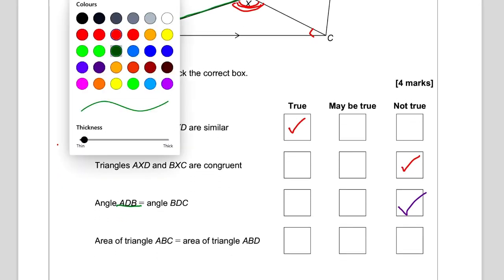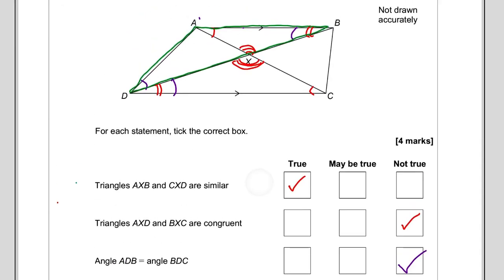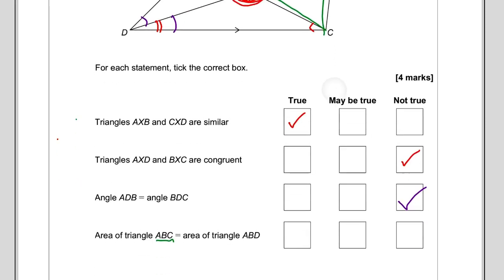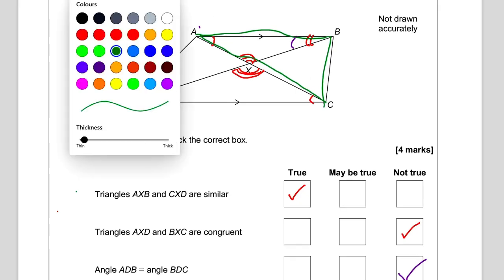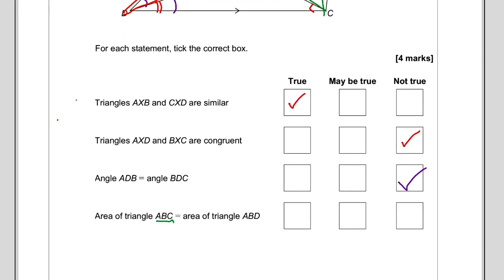Let me underline the right one though. That's that triangle, ABC. ABC, that's that triangle. And triangle ABD, so that is that triangle ABD. Right, now interestingly, they both have the same base length and they both have the same perpendicular height. So those areas must be equal. So that one is true. So there we go. True, not true, not true, true.